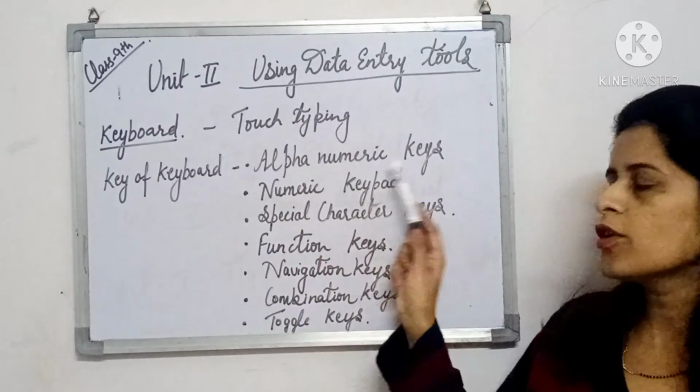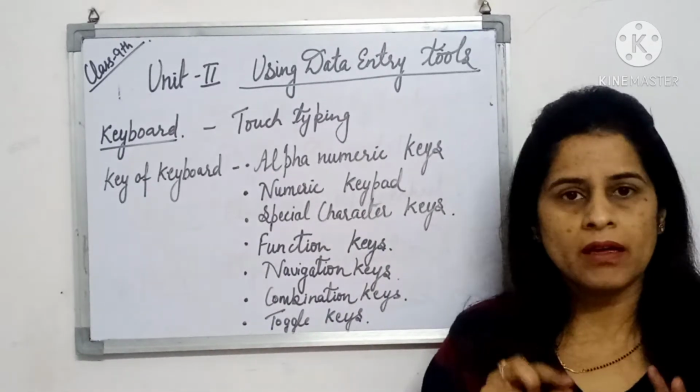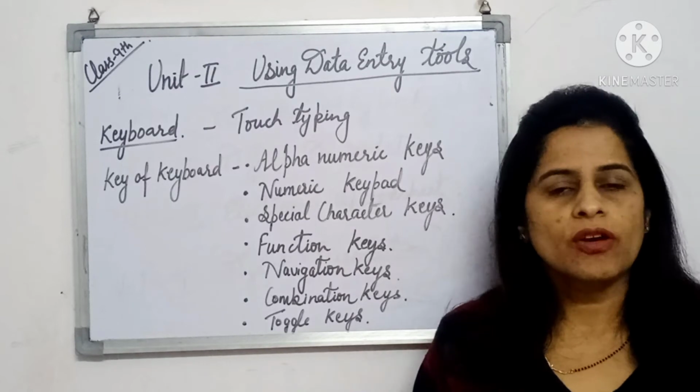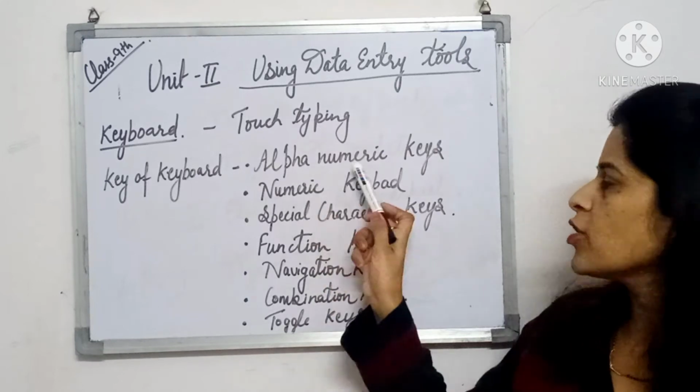First are the alphanumeric keys. What are the alphanumeric keys? The keys on your keyboard from A to Z are known as the alphanumeric keys.